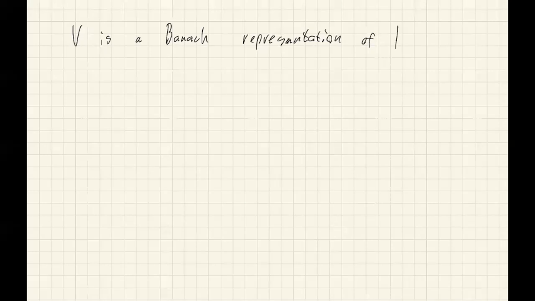So if V is a Banach representation of our group D infinity, let's make it like this: V with rho, a homomorphism.